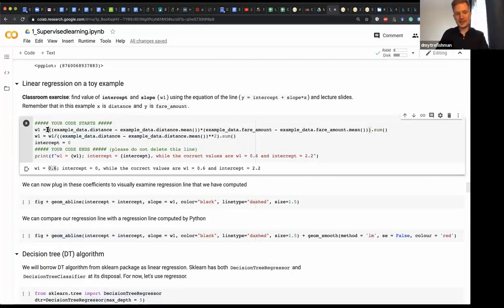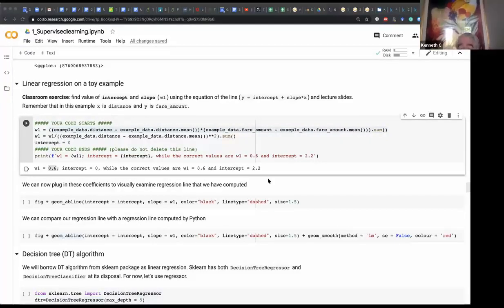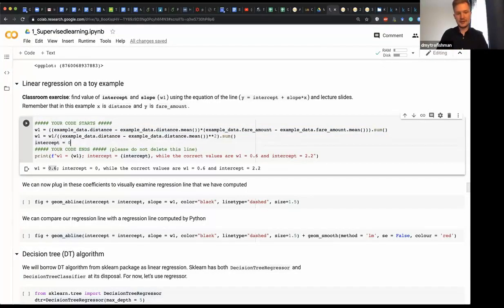We first assign whatever was in the denominator. Because you're rewriting what W1 is in the second line. Okay, I understand now.